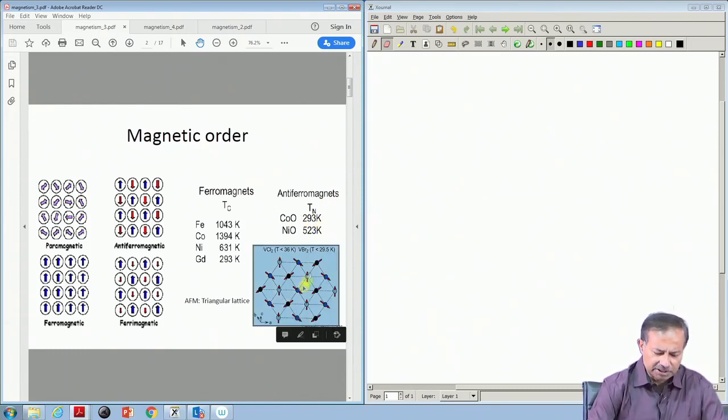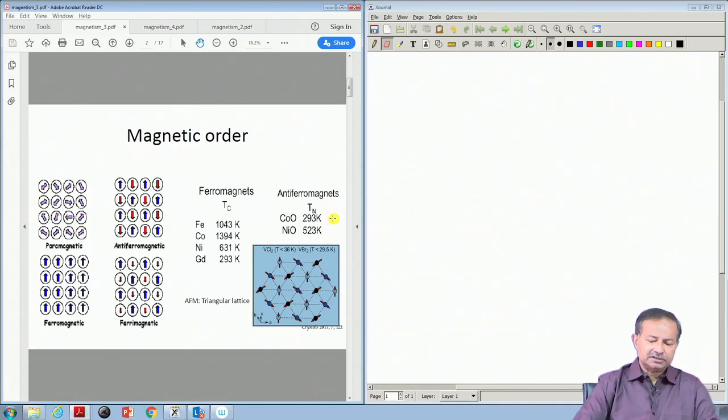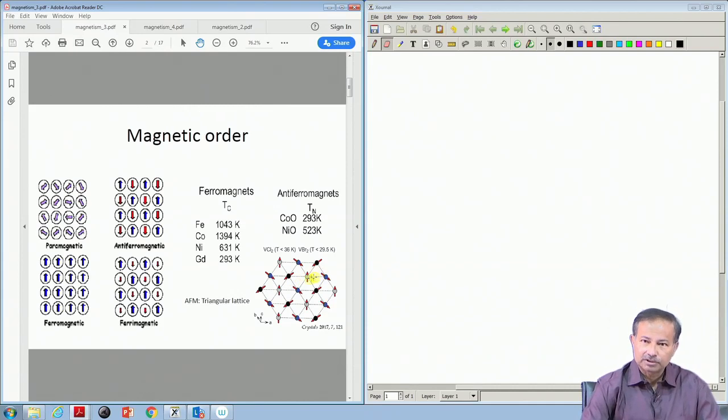This is a special example I gave, a triangular lattice where the spins are, see, this is not a bipartite lattice. So, in this case you cannot divide the lattice into two independent sublattices. This is one triangular lattice, and these are non-bipartite lattices, and here this particular state that is shown is called the 120 degree state.